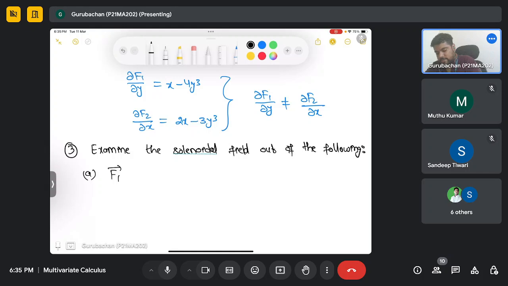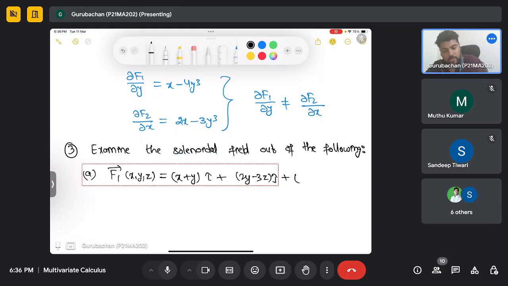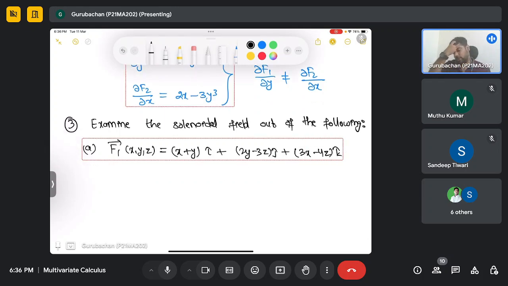So F1(x, y, z) is equal to (x plus y) i cap plus (2y minus 3z) j cap plus (3x minus 4z) k cap. Check whether this field is solenoidal or not. Check it.